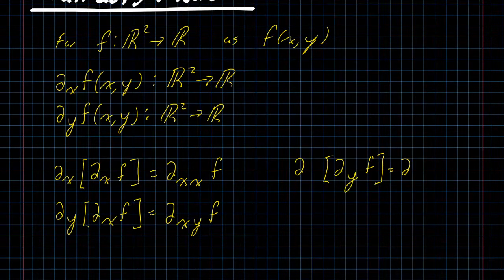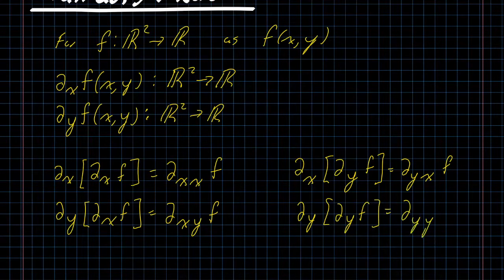Now I want to take partials of partial with respect to y. So here we take the partial with respect to y first, and then take the partial with respect to x of that. So we'll write it as y, then x. And likewise, partial with respect to y of partial with respect to y of f is partial with respect to y and then y.